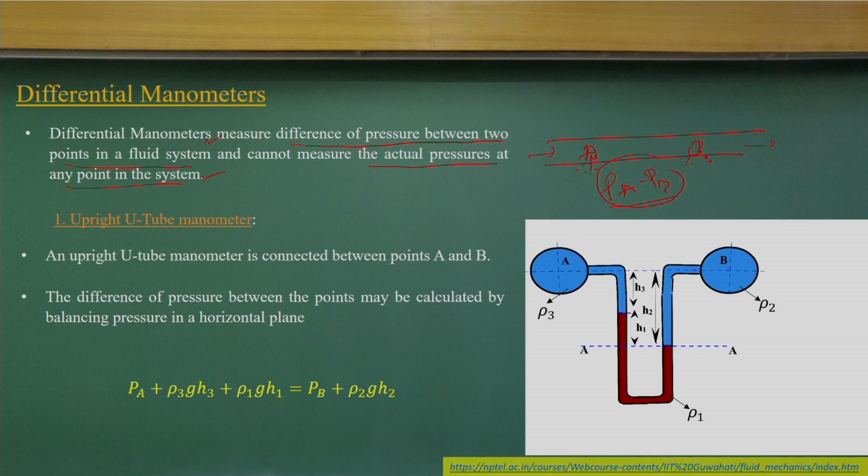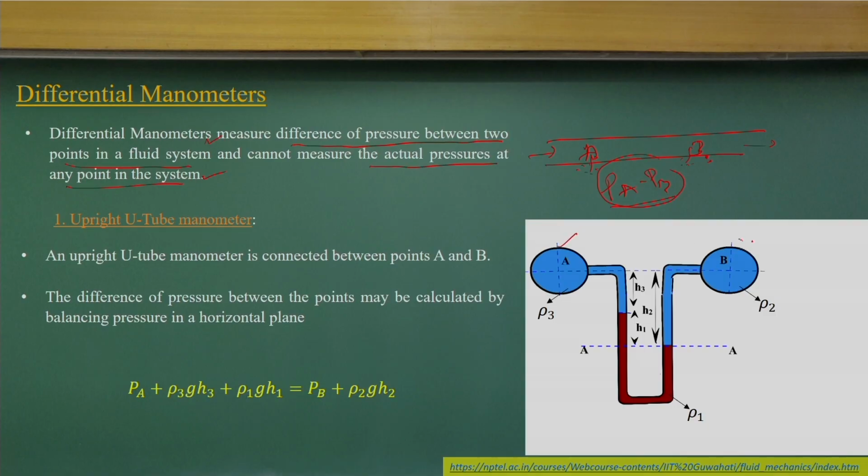It also has a very simple U tube connected to these two locations. In this case, I have two pipes, call them A and B, and we want to look at the pressure difference between PA and PB. This is how the manometer is attached to these two flow systems.